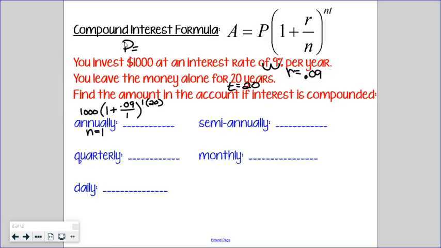First one should be $5,604.41. If that is not what you have on your calculator after typing in that first one, have me come over. If that is what you have on your calculator on the first one, go ahead and move on to the other 4 that are up there.